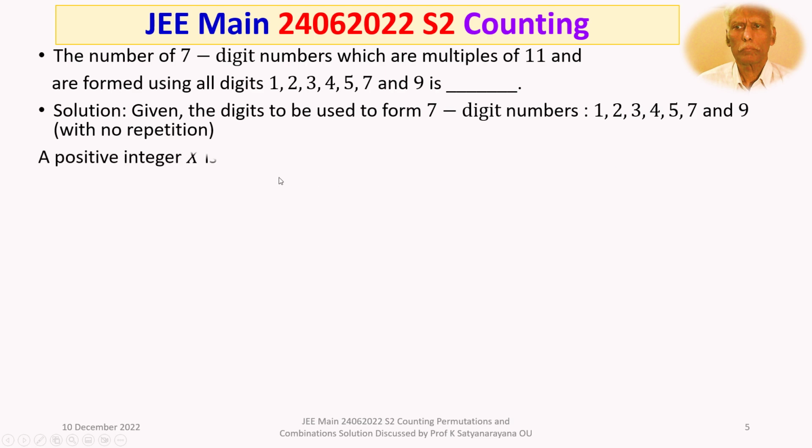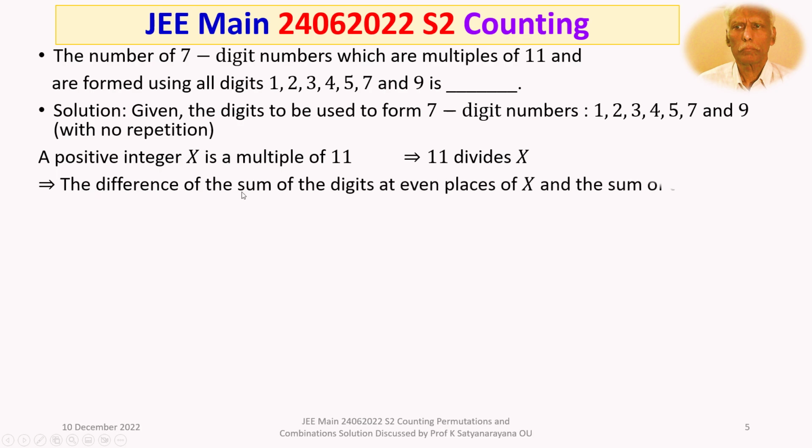A positive integer X is a multiple of 11 means 11 divides X. And we have the divisibility rule for 11 that says the difference of the sum of the digits at even places of X and the sum of the digits at odd places of X is a multiple of 11. That is the divisibility rule for 11.